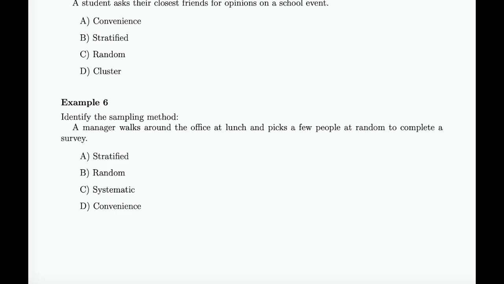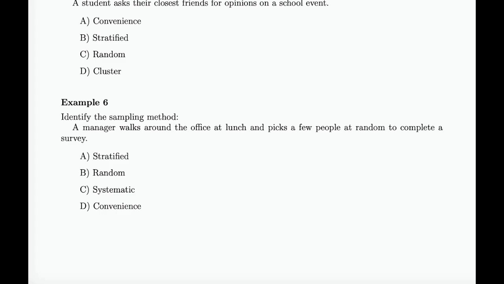All right, so now to wrap it up, let's take a minute and summarize. If every individual in every sample has an equal chance of getting picked, like picking names out of a hat, that would be a simple random sample. If there are subgroups and you take some from each subgroup, that's stratified. If there's a pattern where you take, for example, every 5th person or every 19th item, then that's systematic.